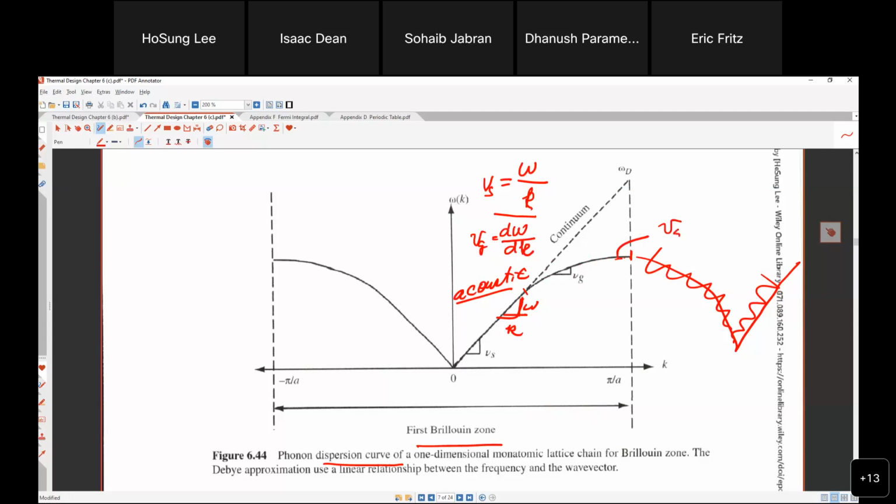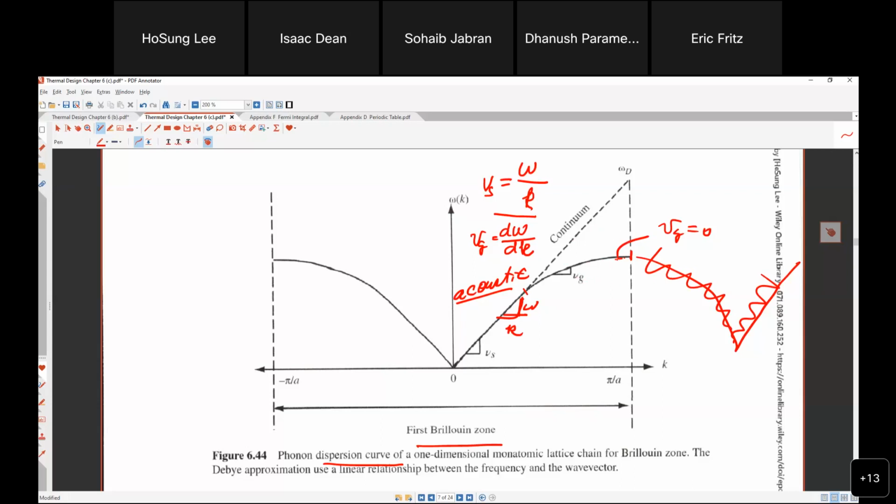So velocity is zero. No, it cannot pass. That's what really happens. But what we can analytically do is very close.